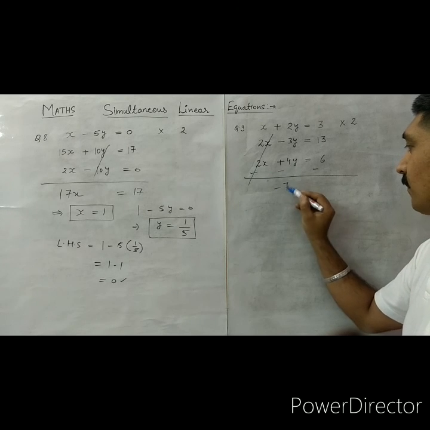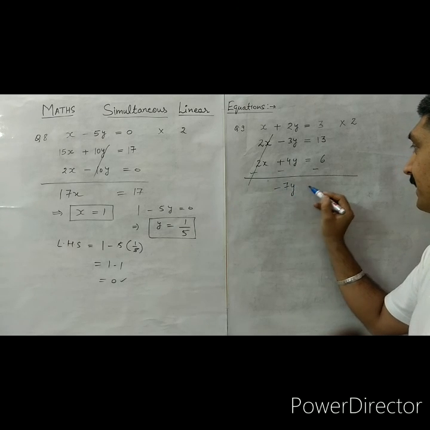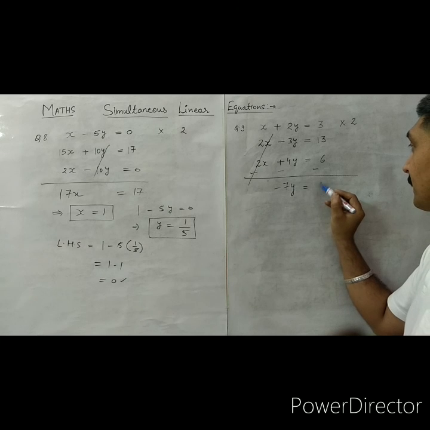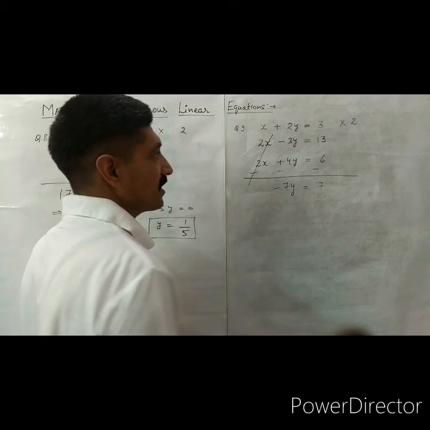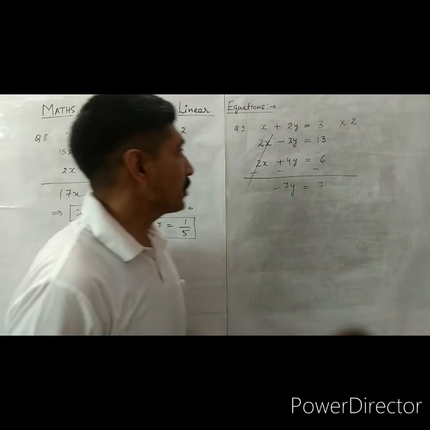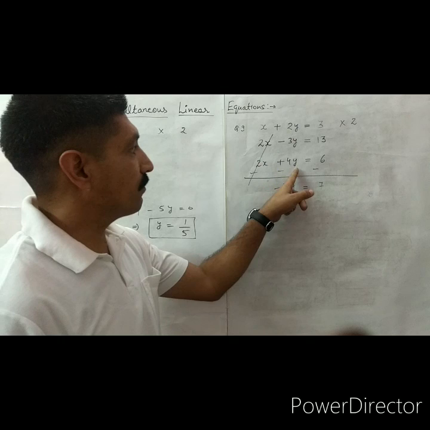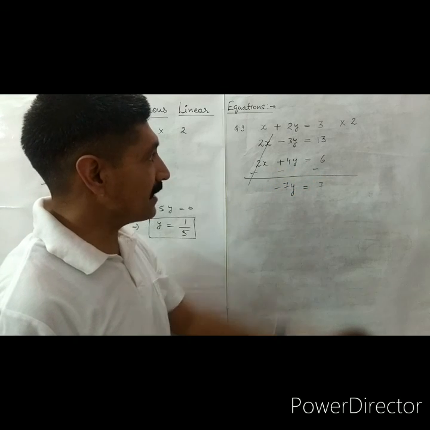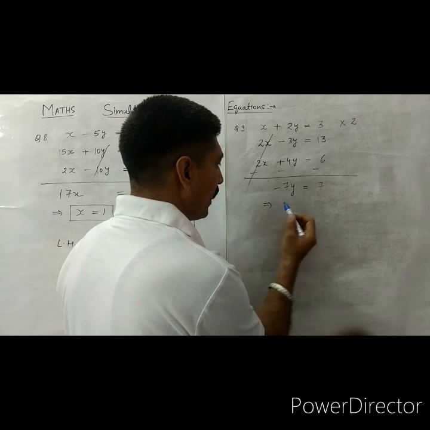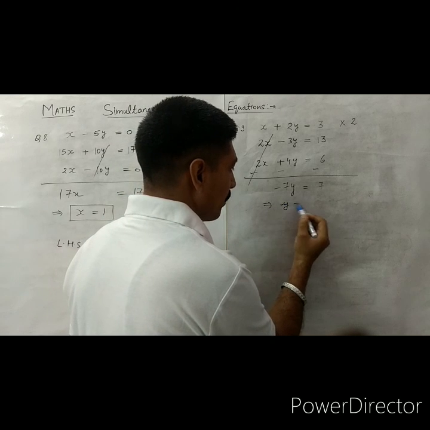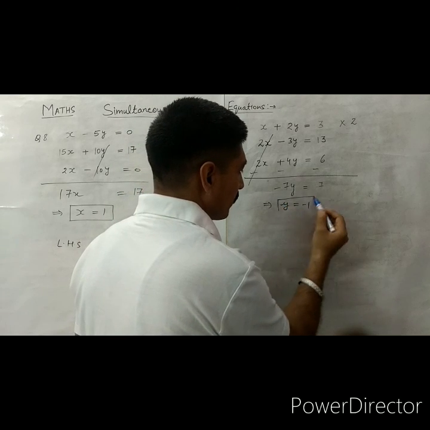We have minus of 7y is equal to 7. So here we have y is equal to minus of 1.